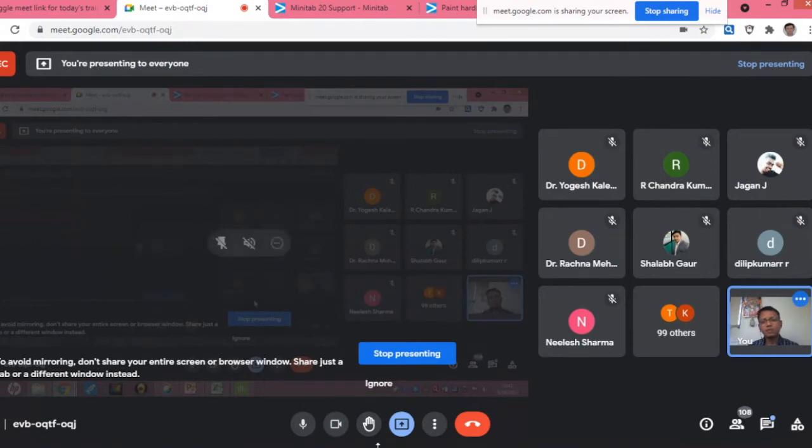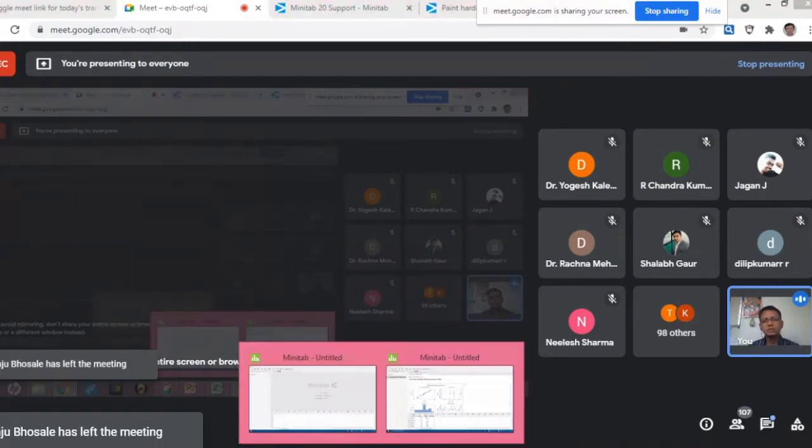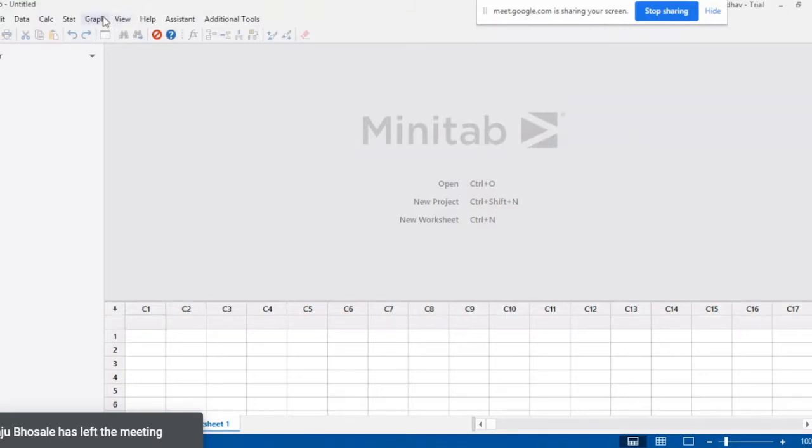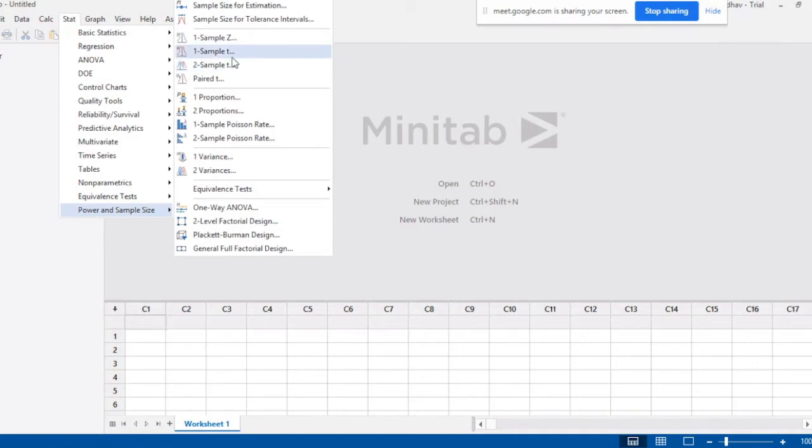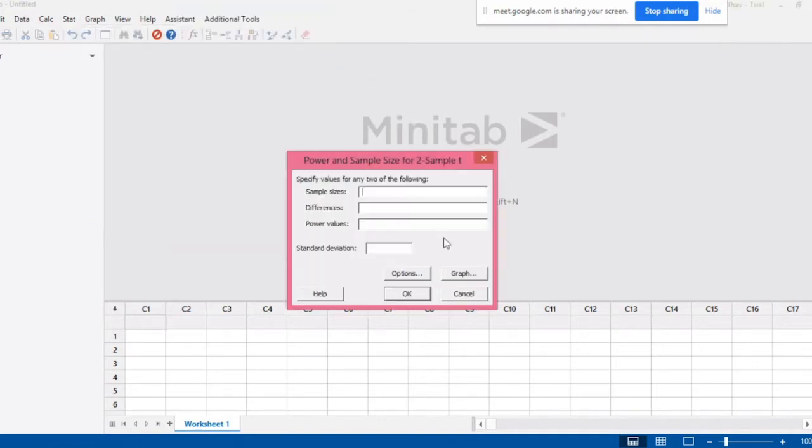I will just explain this quickly, because we don't have much time on this power and sample size. Okay, so difference we said 2. Power is 0.85, 0.90, and 0.95. Standard deviation is 1.5.